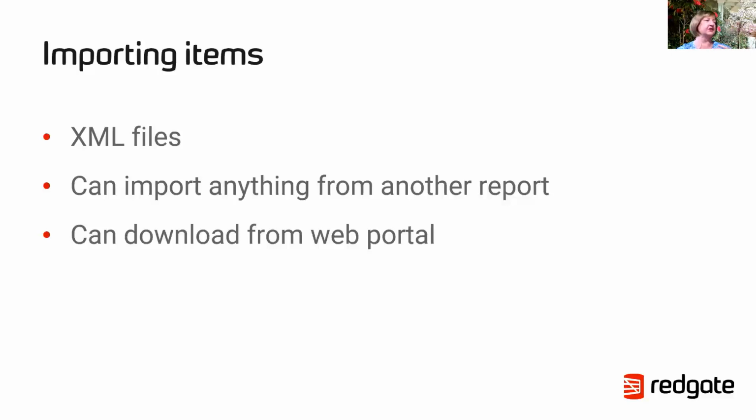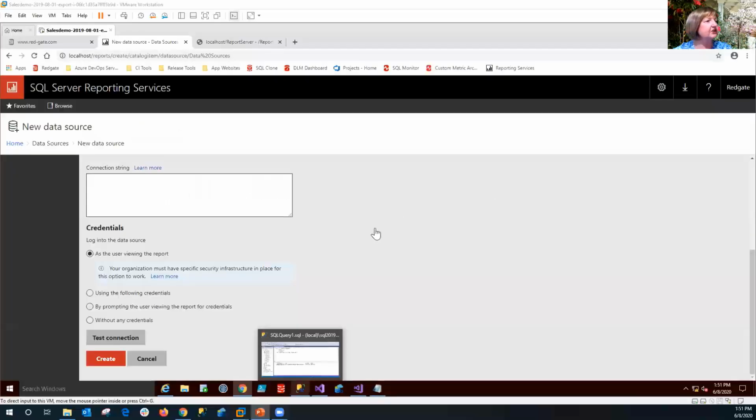In fact, I got a question the other day: we don't have the source code, so how can we make modifications to these reports? You can just download the definition from the web portal if you have permission to do that. In my project, I can also import anything from another project right there. Let me change that.